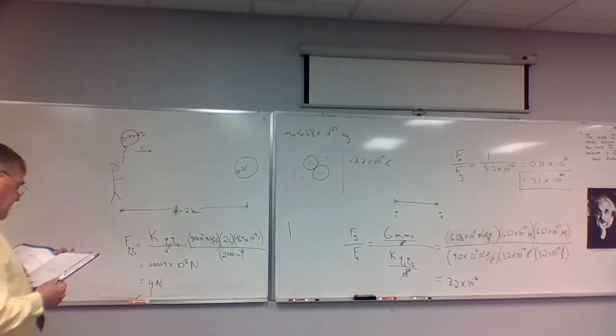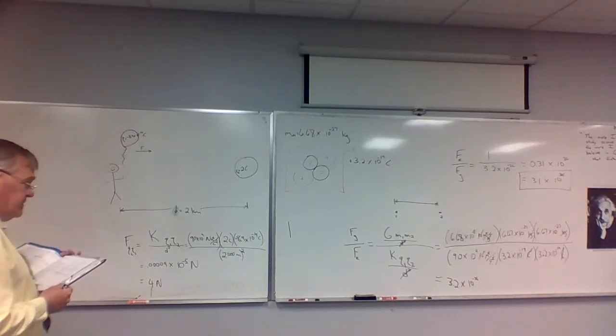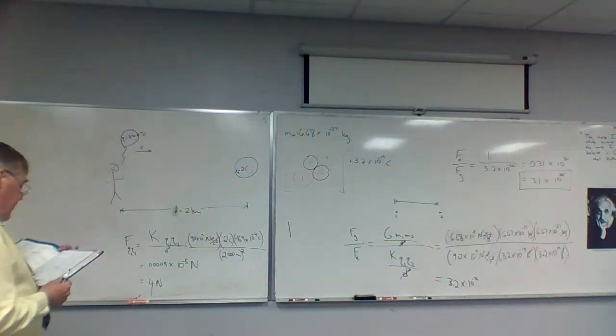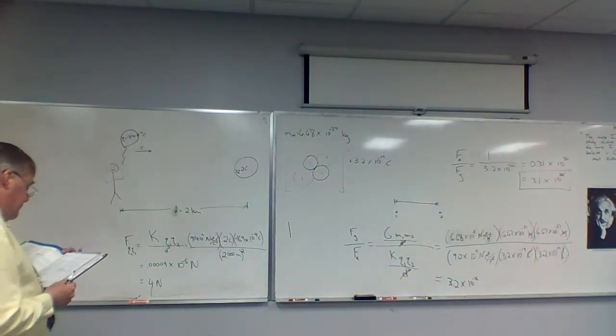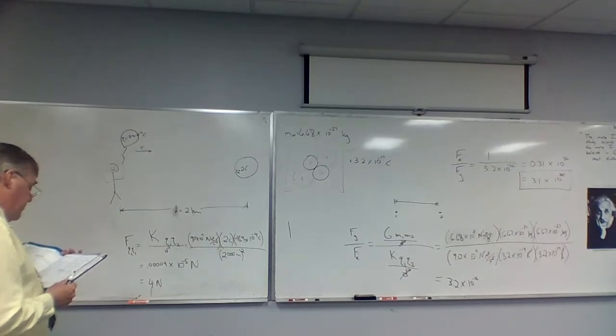All right, A is too small. 8.9 times 10 to the minus 15, no way. 5 times 10 to the minus 9, that seems unreasonable to me since I got 4 newtons. 2 times 10 to the minus 12, still seems unreasonable to me.